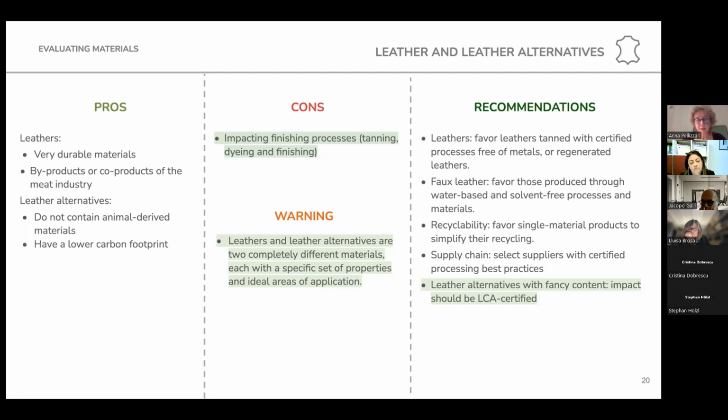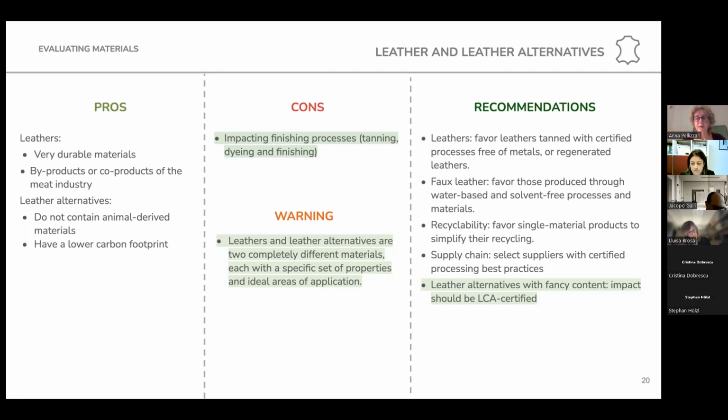What I can say about this is that leather alternatives with fancy content like apple, orange, whatever type of waste, the impact should always be LCA certified, and should not be evaluated only because it contains cactus fibers or this and that sounds interesting.